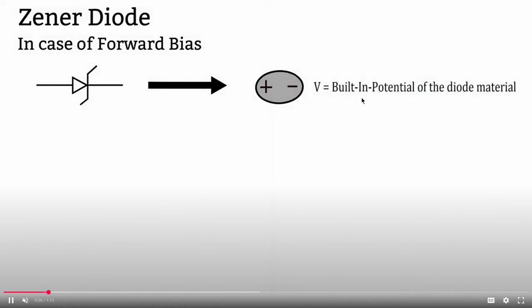It will also not be replaced by a short circuit. In that case, the reverse bias Zener is replaced by a voltage source which is equivalent to the Zener voltage, or VZ. The Zener voltage is equal to the built-in potential of the diode material.